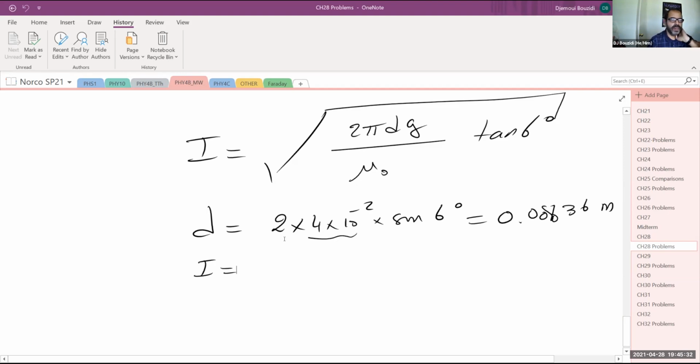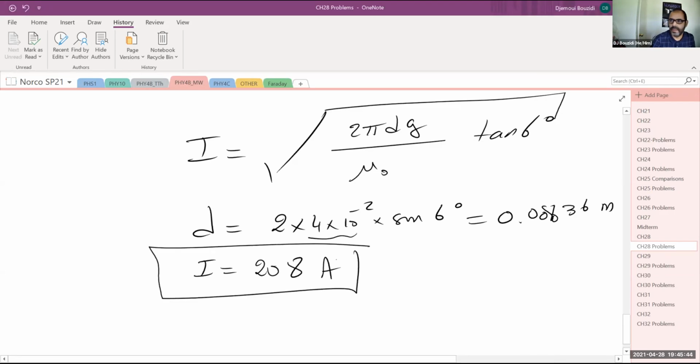So that's expected. And so the current in here should be 208 amps. That's a lot of current. Okay, that is a lot of current.